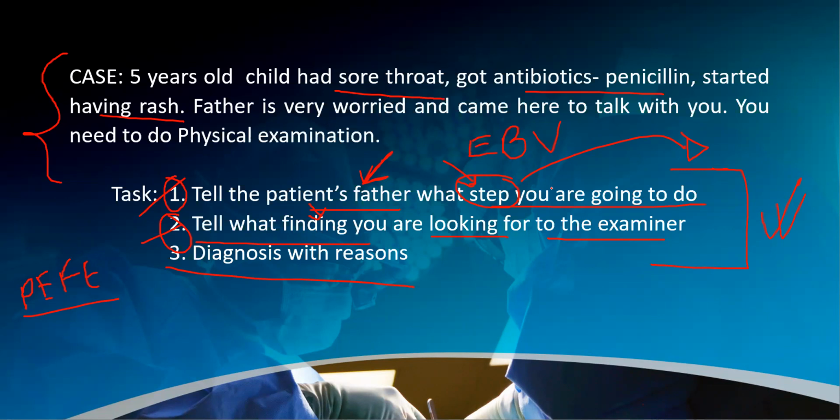Okay, so justification is always good. That shows that you know what you are looking for and why you are looking for it. Add this justification in between your examination whenever you feel comfortable. Like in epitrochlear lymph node, you can always talk about lymphoma. In cervical and inguinal lymph node, you can always talk about lymphoma. And that's very good.